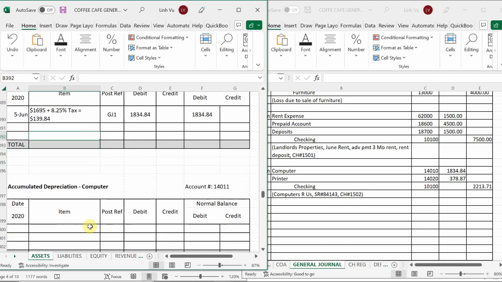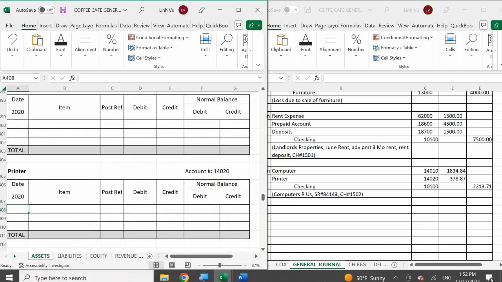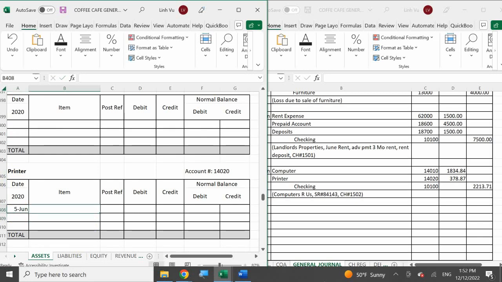So then I'm also going to update my printer, which is fairly nearby. Today is the 5th. I purchased the printer for $350 plus 8.25% tax, which was a total of $37.87, is the reason why I now have a total printer for $378.87.